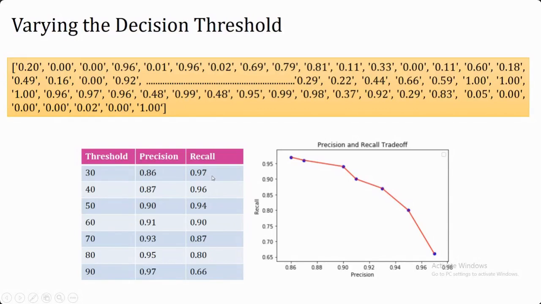Recall has gone from 97 to 66, and precision has increased from 86 to 97. This is the effect of the decision threshold. These are just random values which I have taken, representing the different thresholds that you can use to test it.